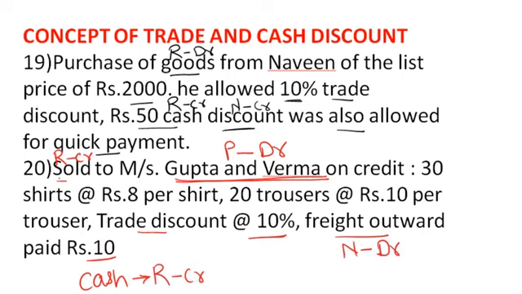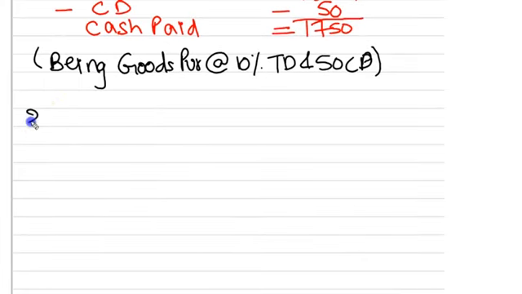Now how do I record this? Let me just pass the entry first. So in this situation we are passing the entry for transaction 20.